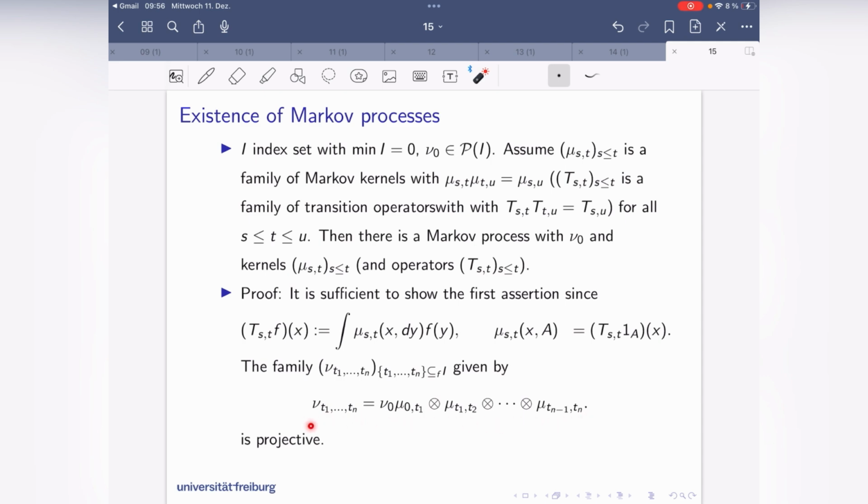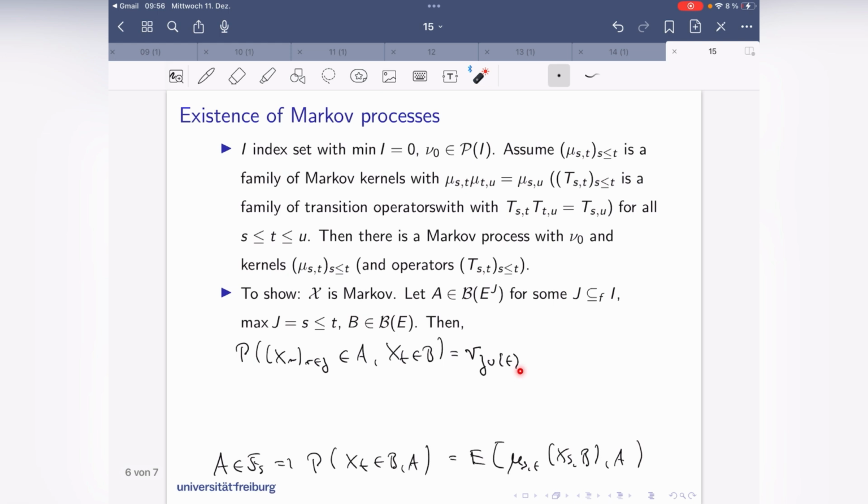So that's connected to what we had here, because here we had a set of time points, and we also have a set of time points here. A times B, where A covers the first coordinates which are in J, and the B covers the coordinate in t.